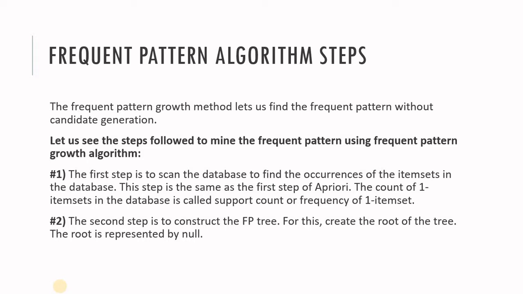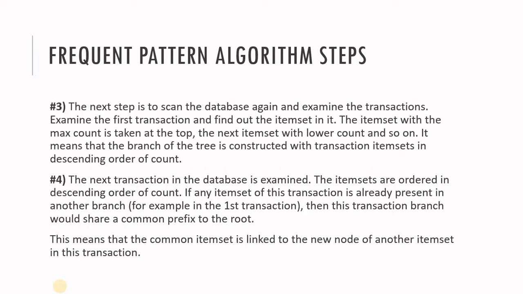The second step is to construct the FP tree. For this, create the root of the tree. The root is represented by null. The third step is to scan the database again and examine the transactions. Examine the first transaction and find out the item sets in it.